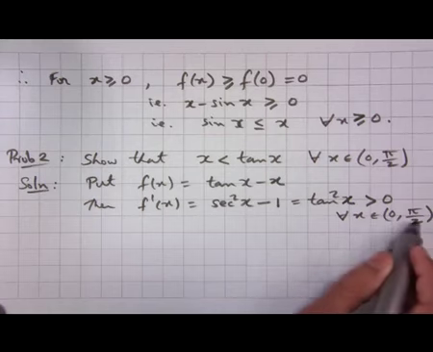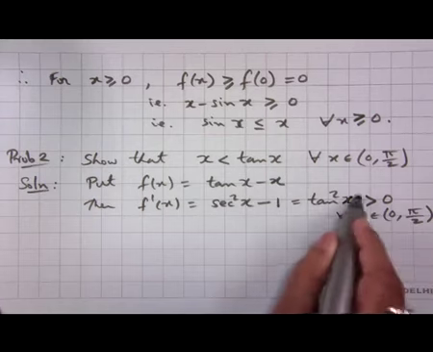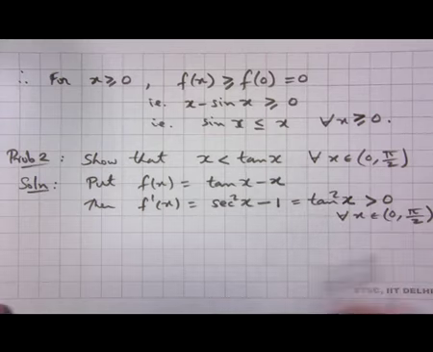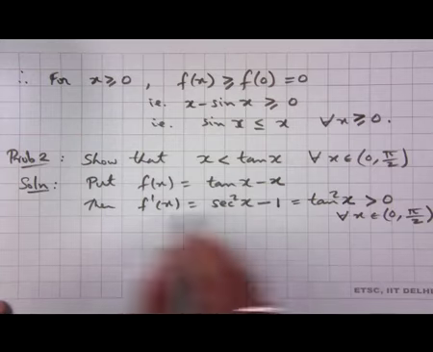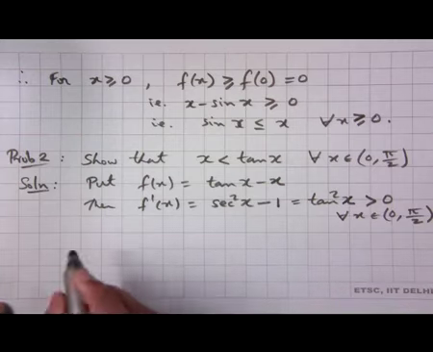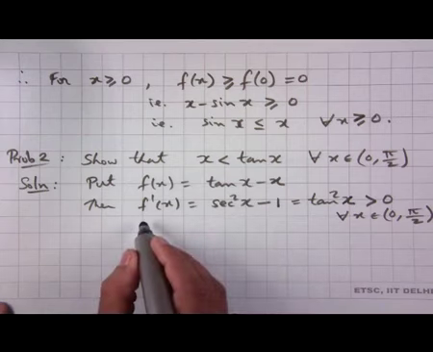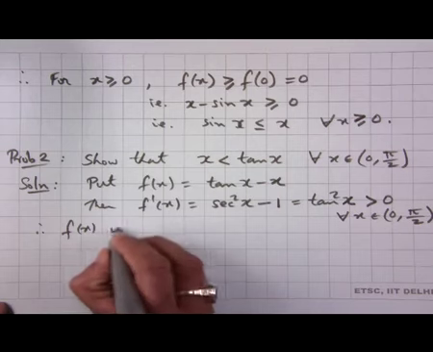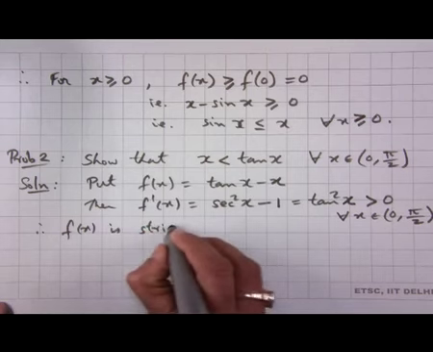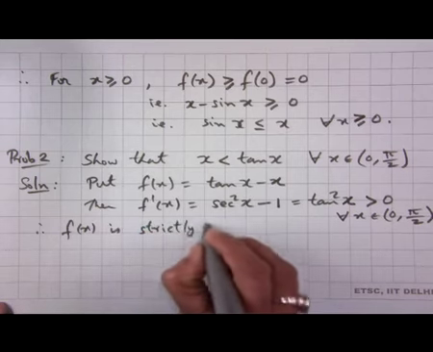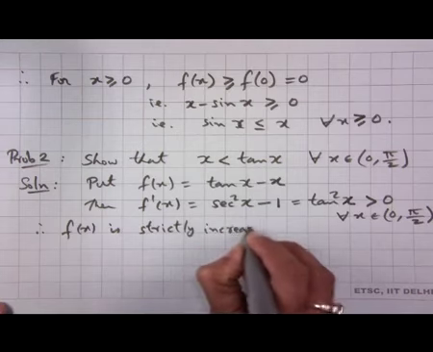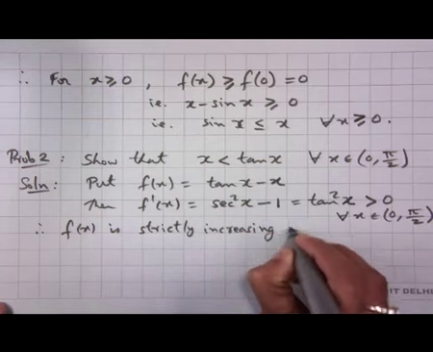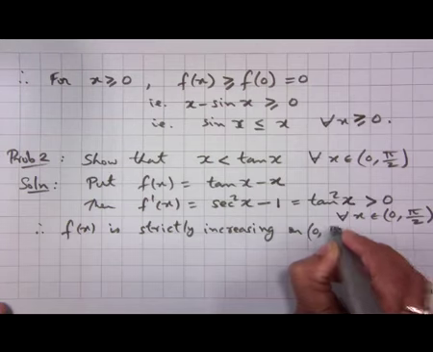So, in the open interval 0 to pi by 2, tan of x is always positive. So, f prime x is greater than 0, therefore f x is strictly increasing on the open interval 0 to pi by 2.